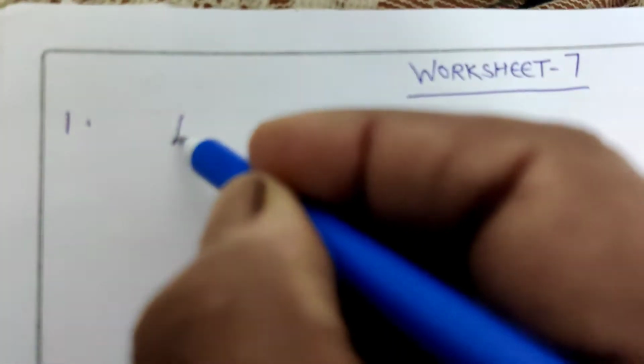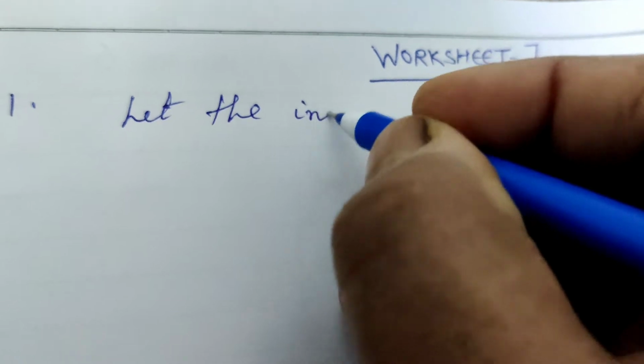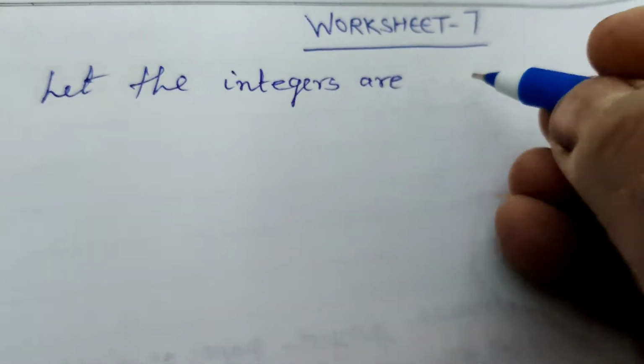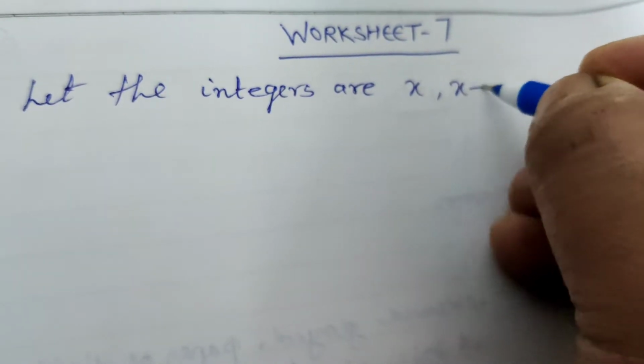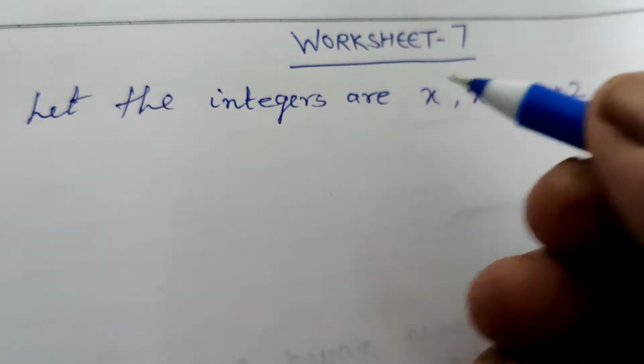Let the integers be: first integer x, second x plus 1, and third x plus 2. Consecutive integers.